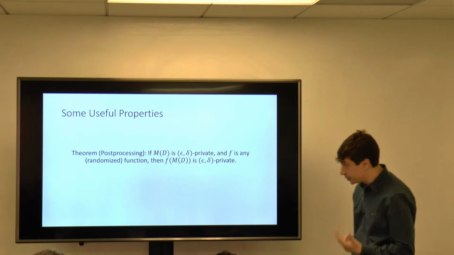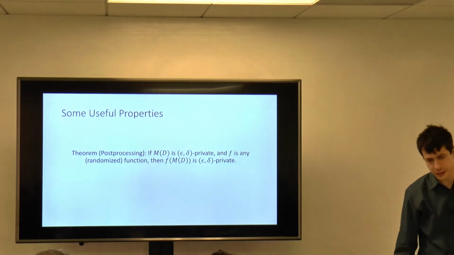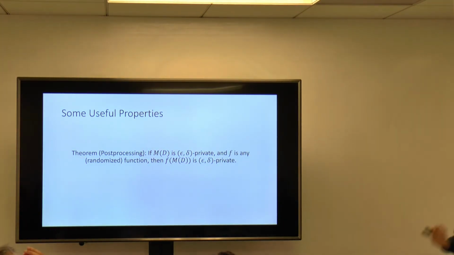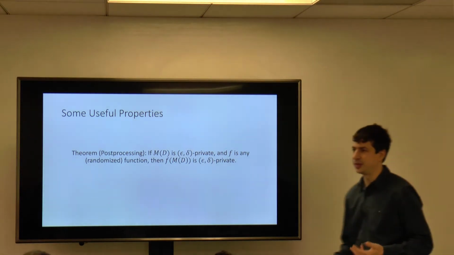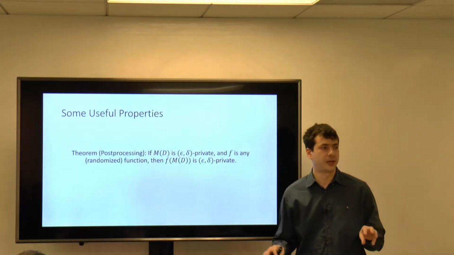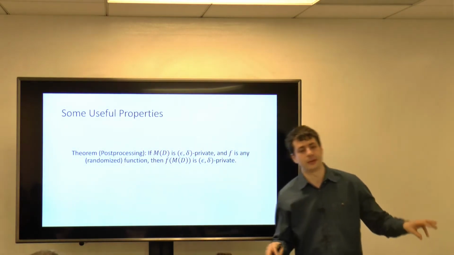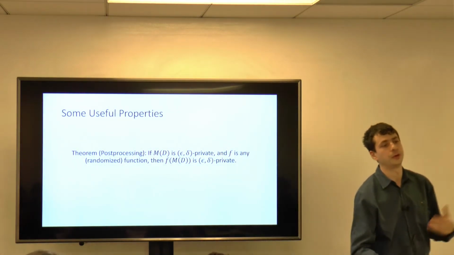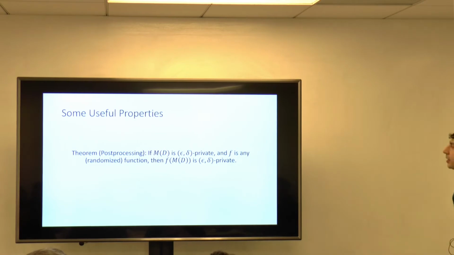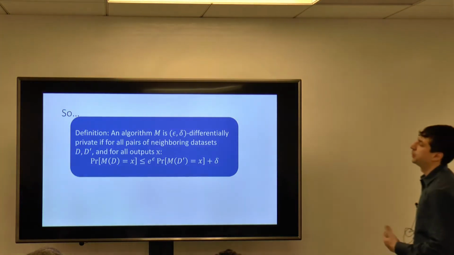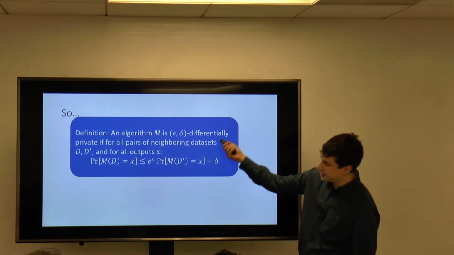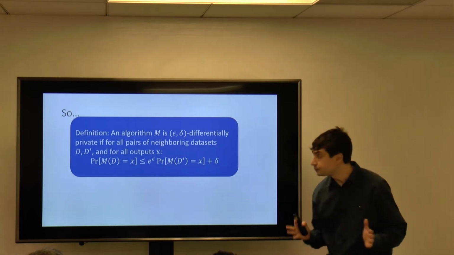That's important for two reasons. First of all, it's important just when you're doing algorithm design. It means that you can treat differentially private subroutines as little modules, and if you've proven the privacy guarantees of them, you don't have to worry that you're going to ruin them by post-processing the output. But it's also useful when interpreting the definition. So here's just the definition of differential privacy again.